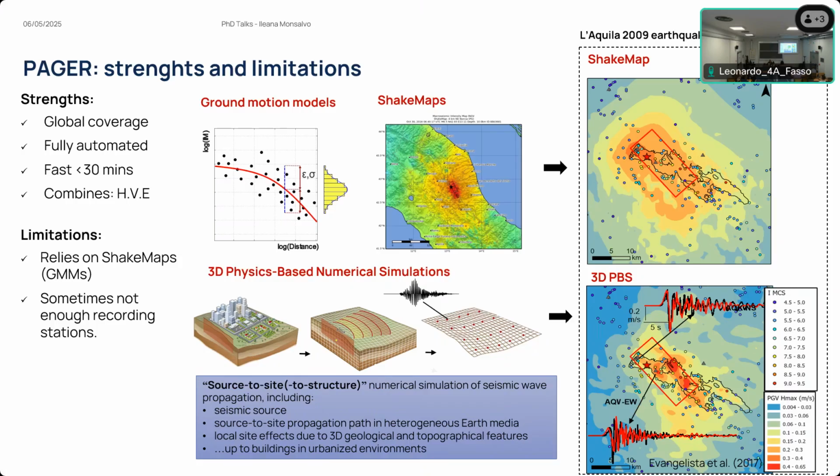As an example, I have integrated here in the slide the ground shaking estimation for the same earthquake, L'Aquila 2009, obtained with 3D physics-based simulations. It is much less simplified than the one obtained with ShakeMap.